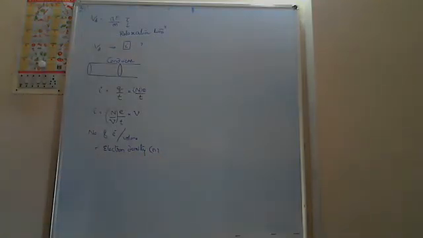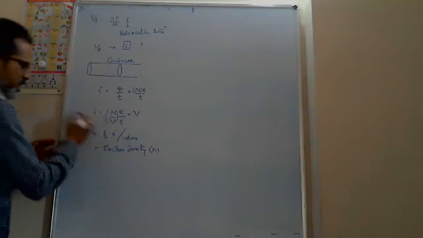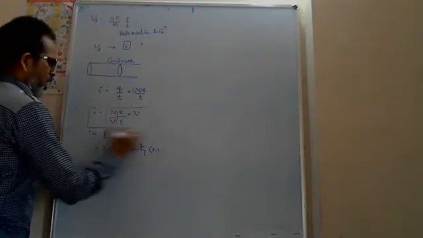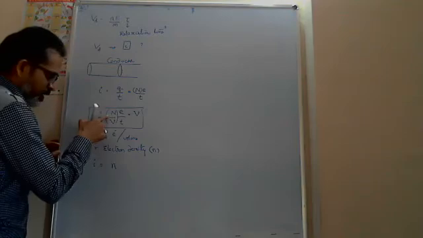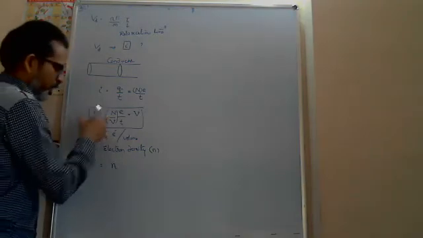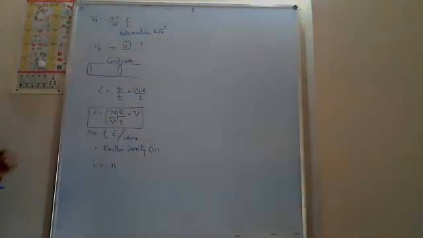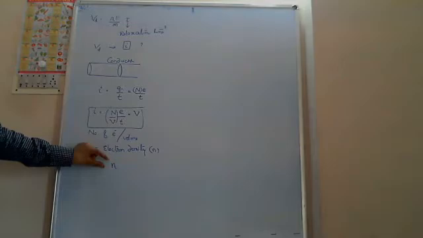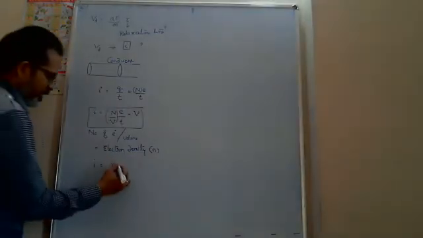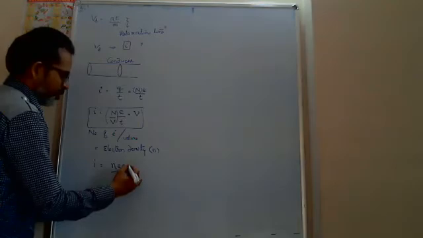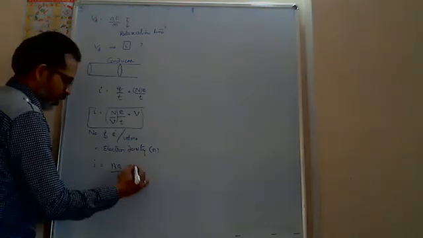So I replace it in this equation: I is equal to small n. Small n is not the number of electrons. Keep it in mind when you come to numericals: don't directly substitute n as number of electrons. It is the number of electrons per unit volume. So, N E by time into the volume.